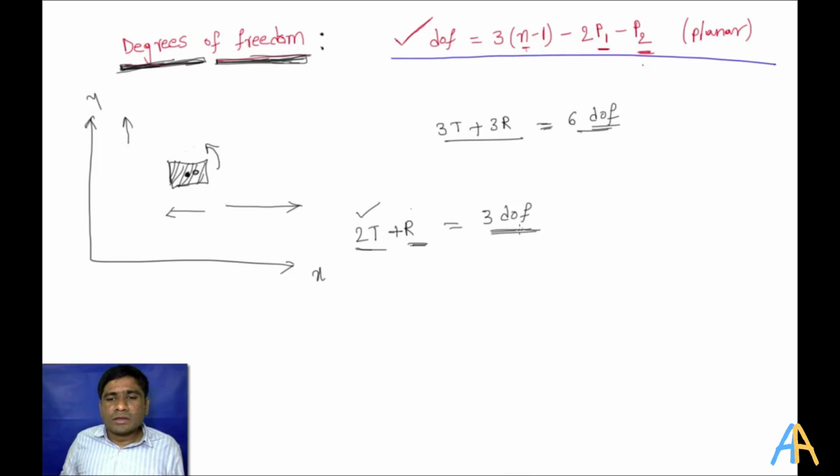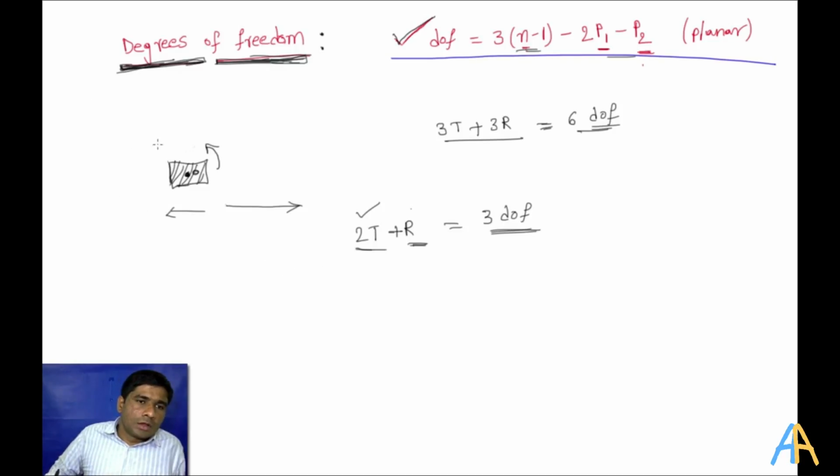So there are 3 degrees of freedom lost when you shift your coordinate system from space to the plane. Most of the mechanisms that we are going to deal with in this chapter are planar, so we would like to derive these degrees of freedom for planar mechanisms.